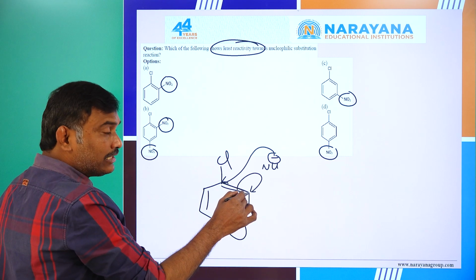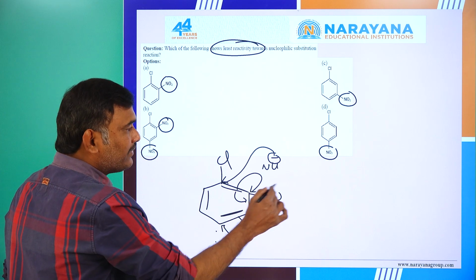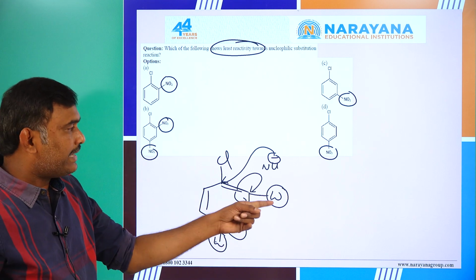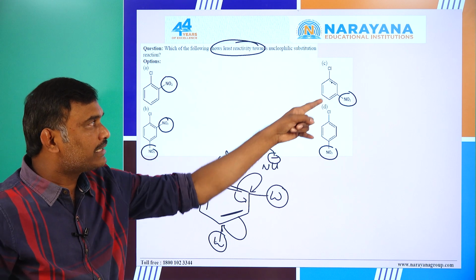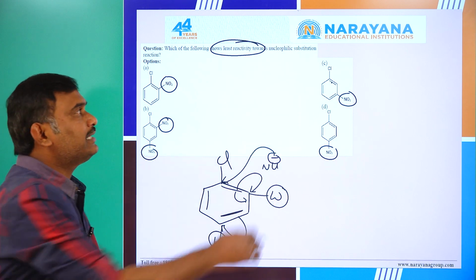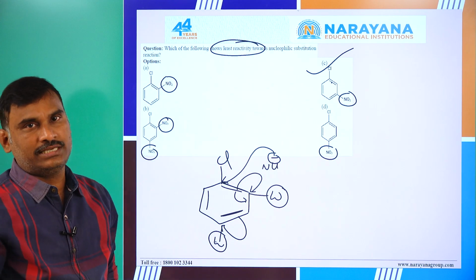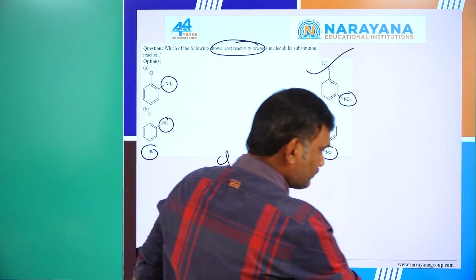That means the negative charge will come to either ortho or para. If any withdrawing group is present at ortho or para, the intermediate is stabilized by these withdrawing groups. But here there is no such withdrawing group either at ortho or para. That's why it should be the least reactive for aromatic nucleophilic substitution. Now go for the next question, student.